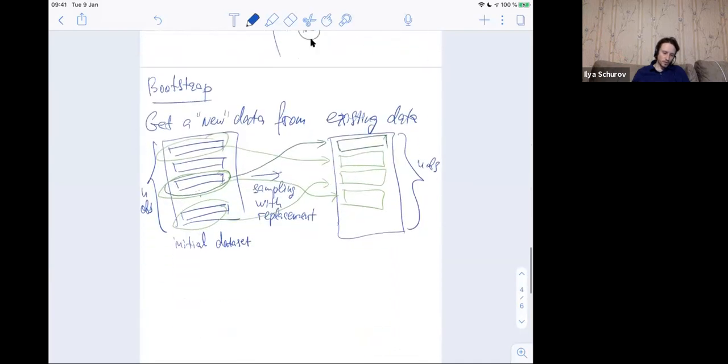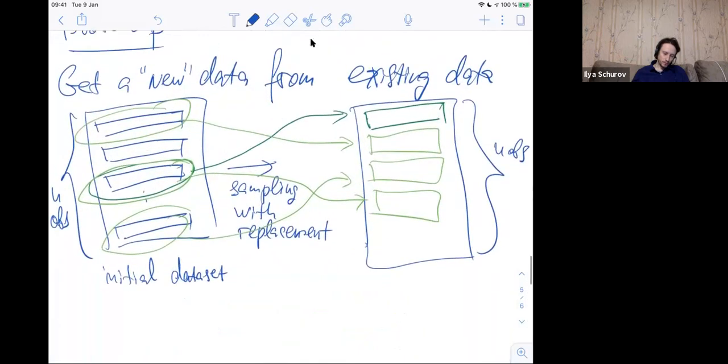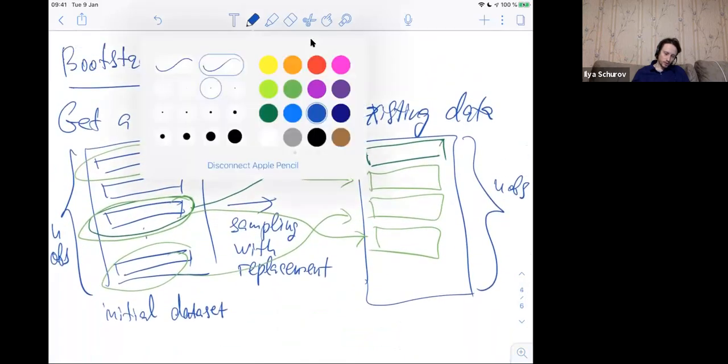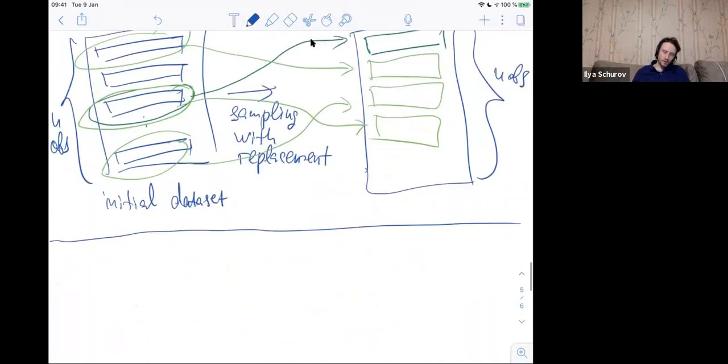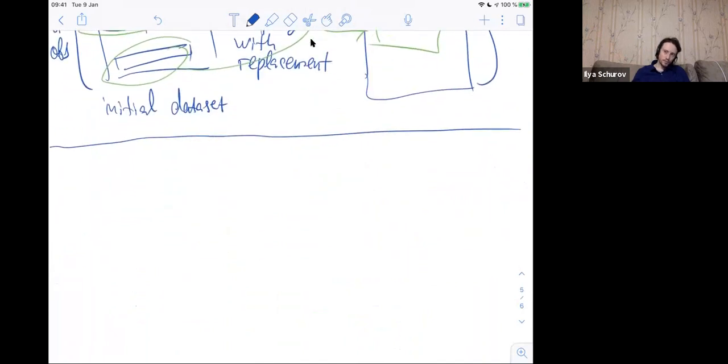So let us proceed to another algorithm. This is called hierarchical clustering.